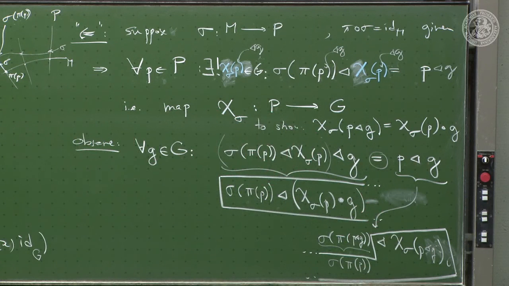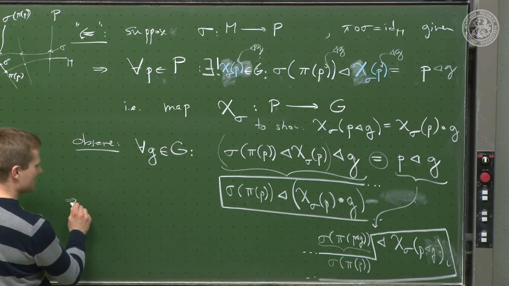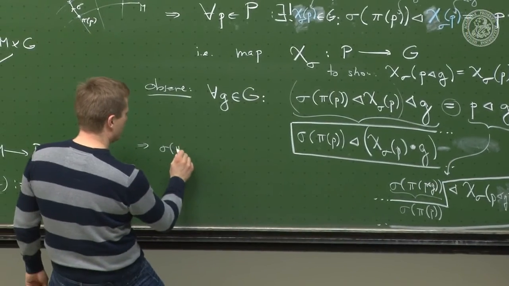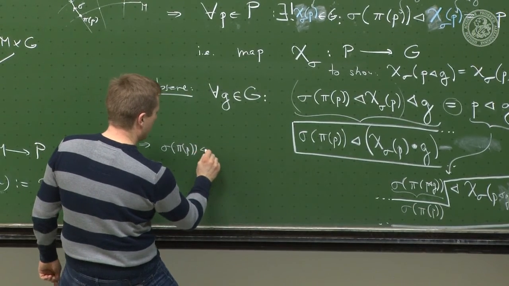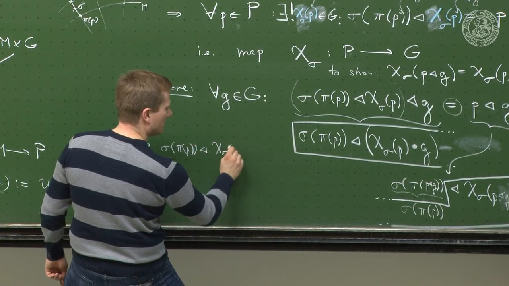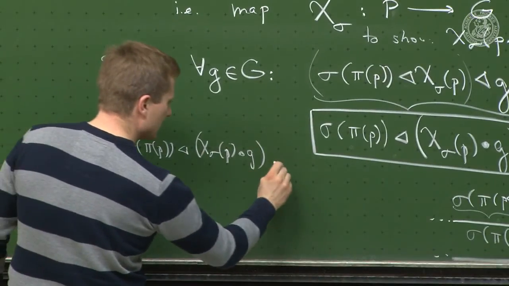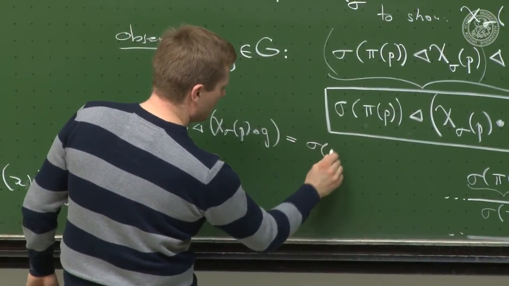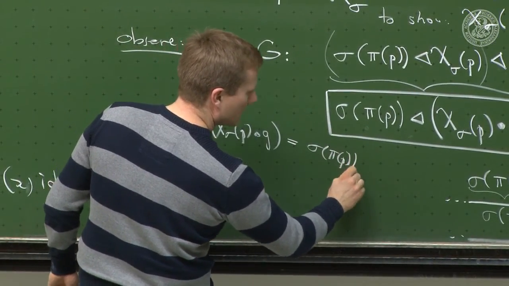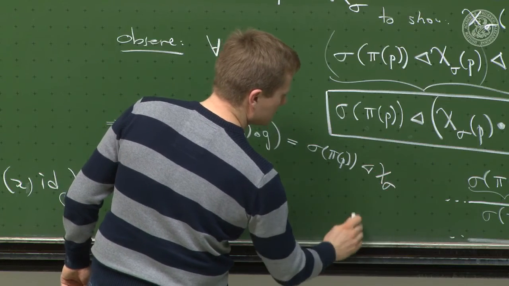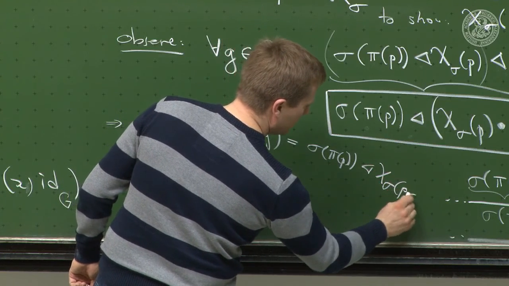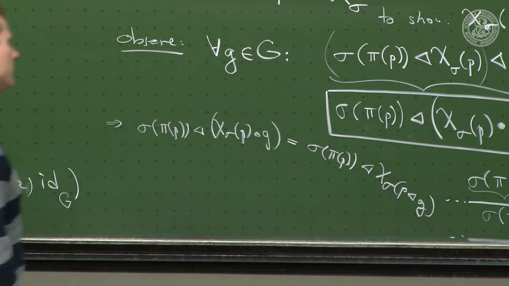Agree? Okay, so let me write it down again. This means that sigma of pi of P acted upon by chi sigma of P blob G is the same as sigma of pi of P acted upon by chi sigma P acted upon from the right by G.